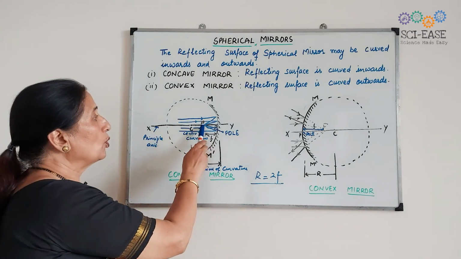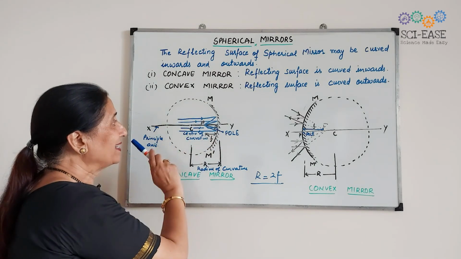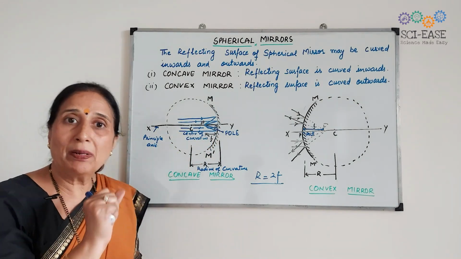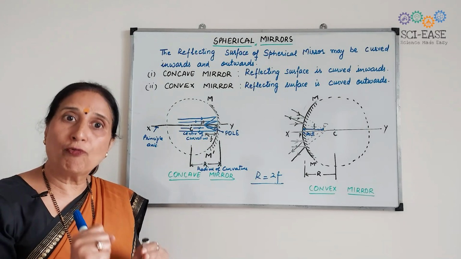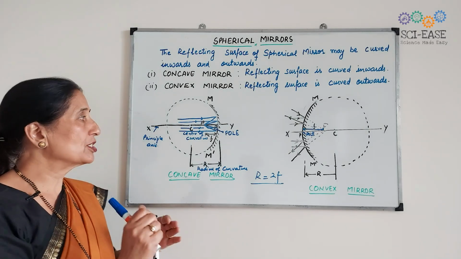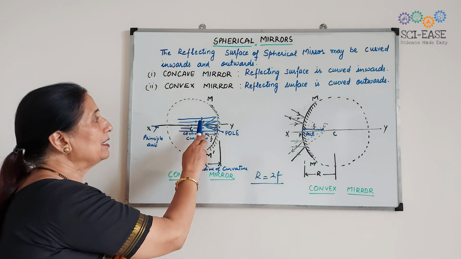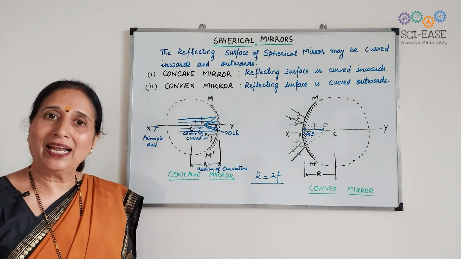When the rays parallel to the principal axis fall on the reflecting surface, they will meet at one point which is known as focus, and the distance between F and P is known as focal length.